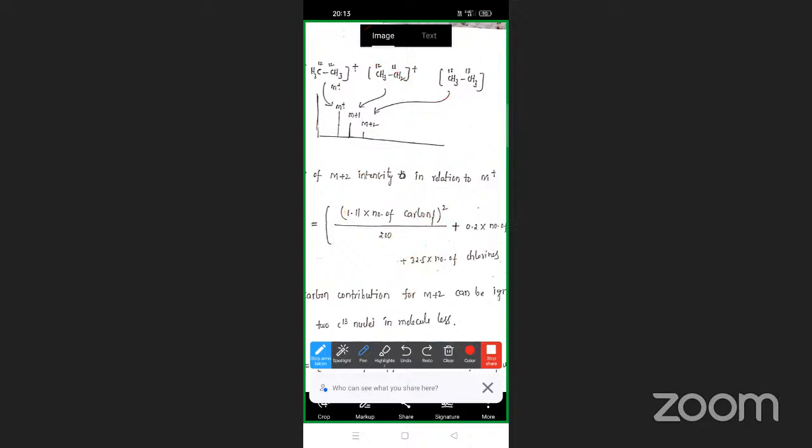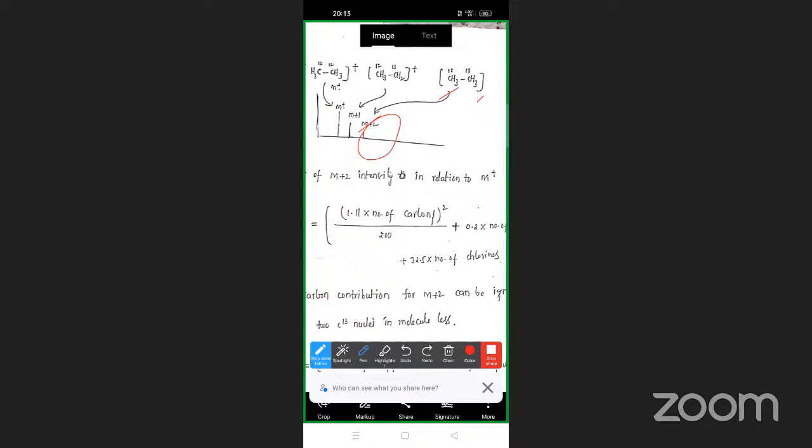Or if both the carbons are in their isotopic form, both the carbons in the molecule are isotopic carbons, then you will get the M plus 2 peak here.